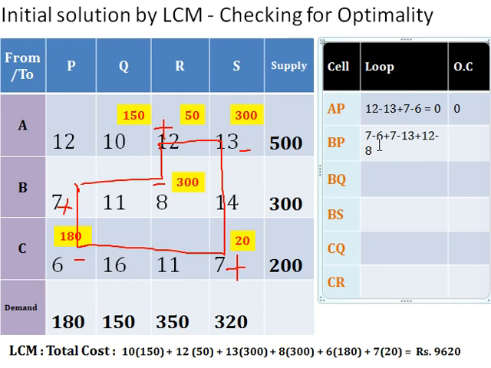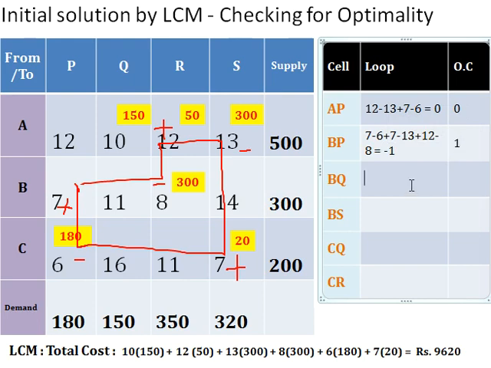Okay, so let's calculate the summation we are getting. 7 minus 6, that is plus 1, plus 7, that is plus 8, minus 13, that will be minus 5, plus 12, that is plus 7, minus 8, that is equal to minus 1. So when we multiply this with minus 1, the opportunity cost is positive 1.